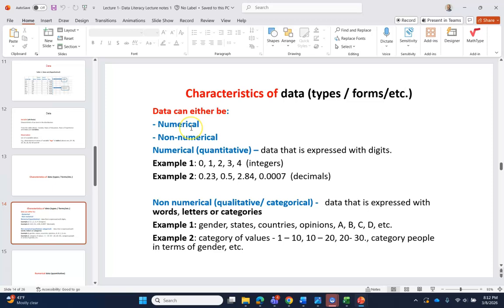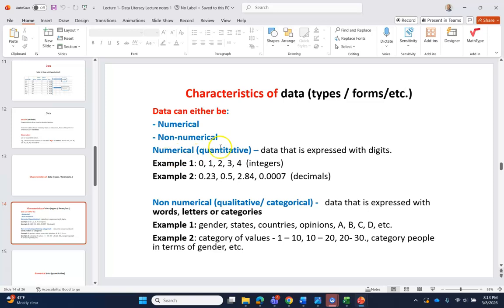And we know that the main characteristics of data could be numerical or non-numerical. Numerical data is the data that has numerals, and non-numerical data is a type of data which has no numerals, or it can have numerals but they can be in category.